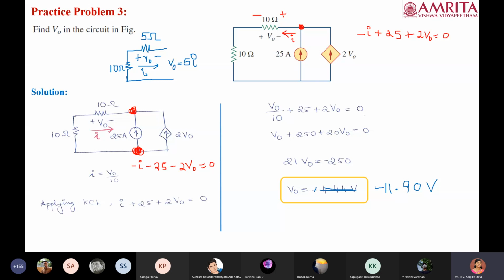When the current is flowing in this direction, the correct convention is this should be plus and this should be negative. But the polarity they have given for V0 is opposite to our assumed one. So we are writing V0 is minus 10I. Now if you substitute back in the previous equation, we will get the same value. V0 will be minus 11.90 volt.